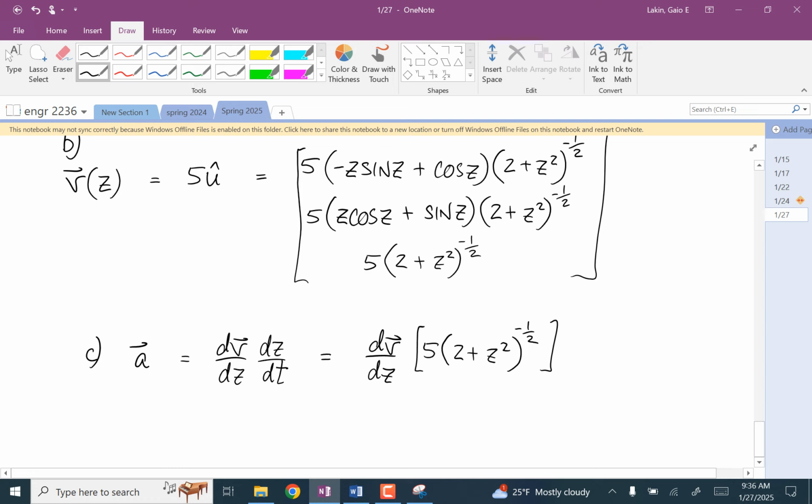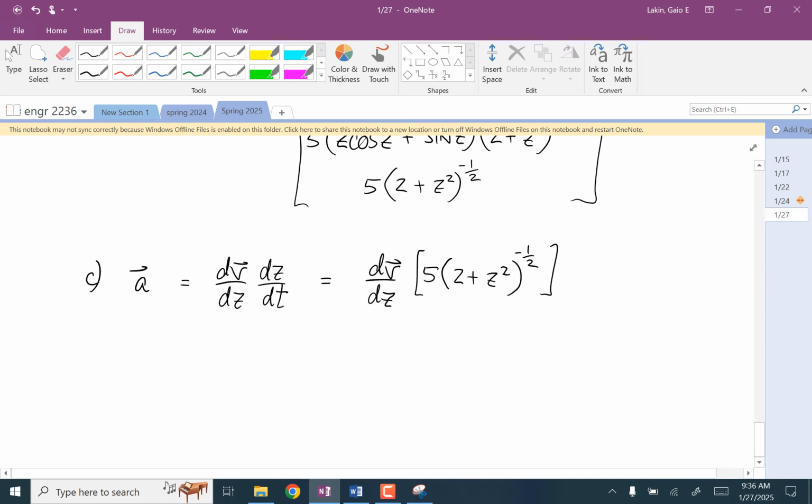So just look at the velocity vector and take what's in the z position and multiply it.